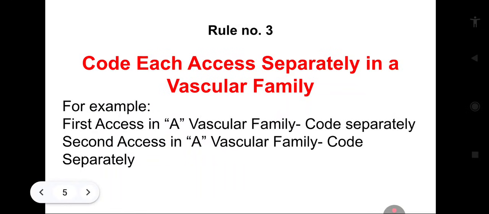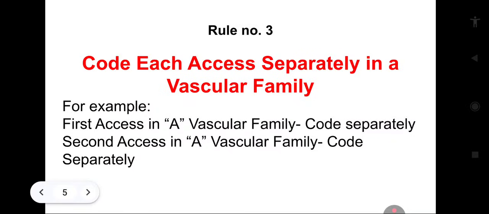The next important point: each access we have to code separately in a vascular family. If you are taking a separate access, you have to code that as a different process. If you take a first access for a vascular family, you will code it separately. But if you take a second access and you are again working on the same vascular family, that second access will start from zero.